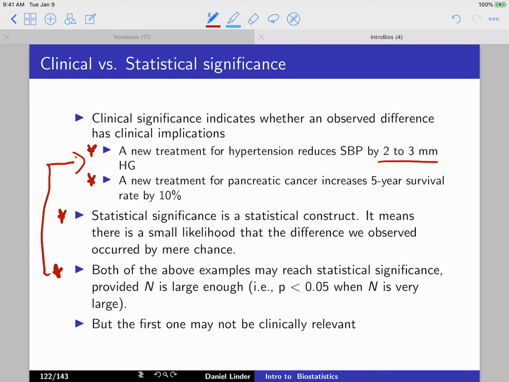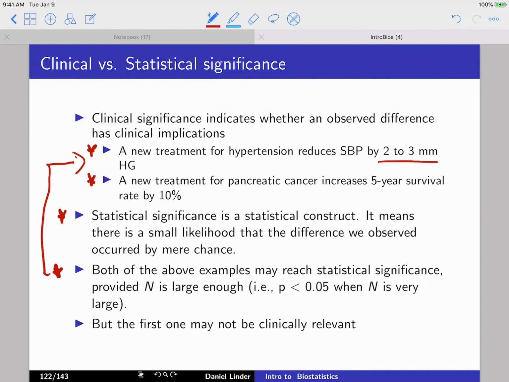But whether that's clinically meaningful or not is another story, and it's important to think about the differences between those two when you're thinking about doing a study or when you're reading an article, whether what they've reported means anything clinically. Yes, it may have reached statistical significance.